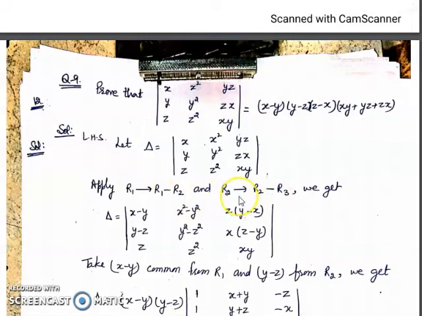So when we apply these two transformations, we get x minus y in row 1, x minus y, x square minus y square, taking z common, y minus x. In row 2, y minus z, y square minus z square, taking x common, z minus y. Third row as it is.